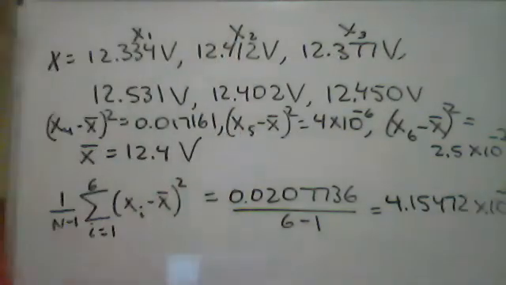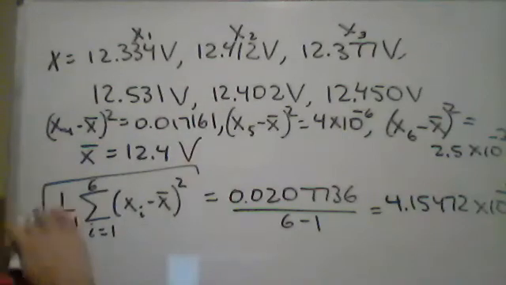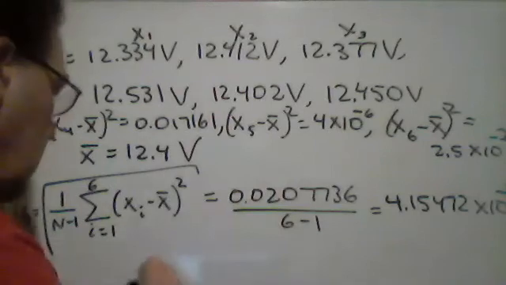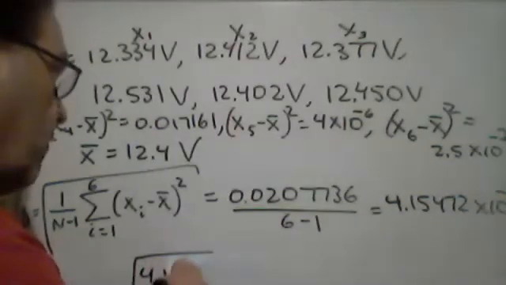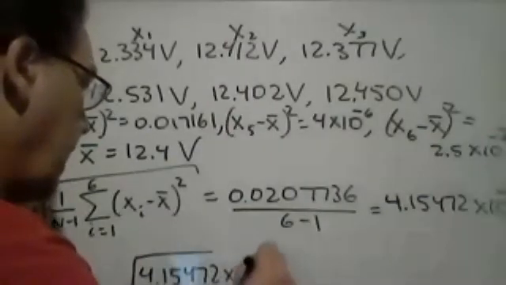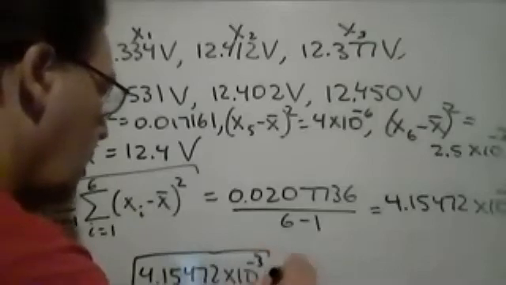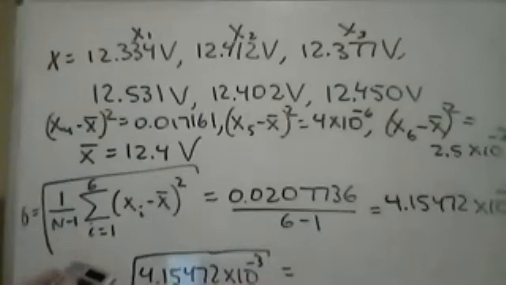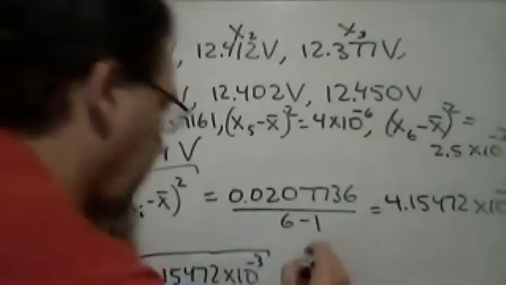And the last thing I want to do is take the square root of it all. That gives me sigma. So take the square root of 4.15472 times 10 to the negative 3, which is going to give me about 0.064457.